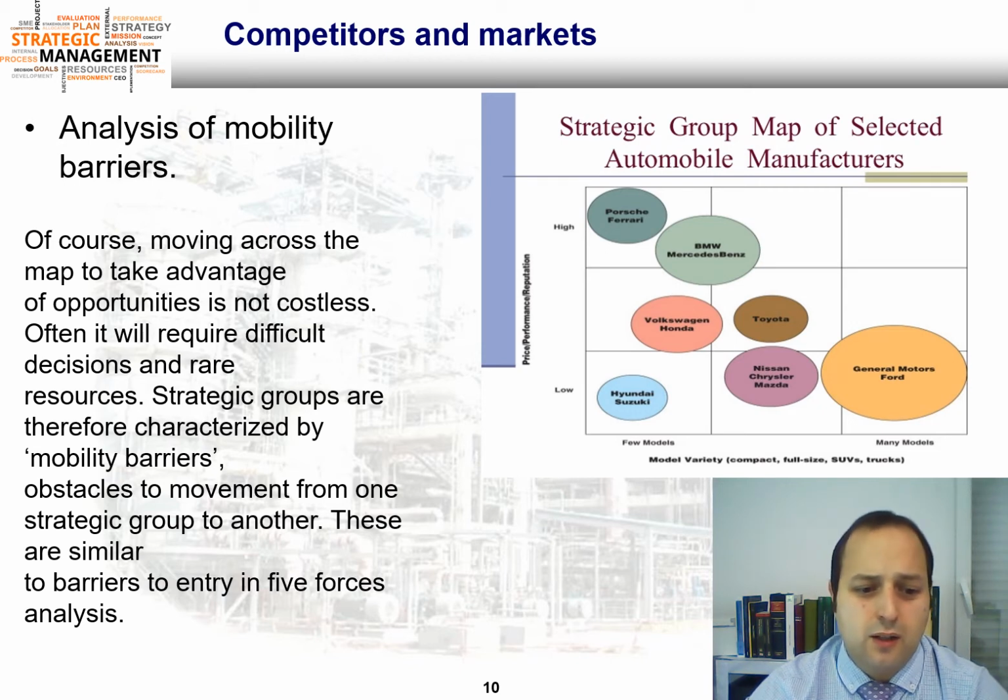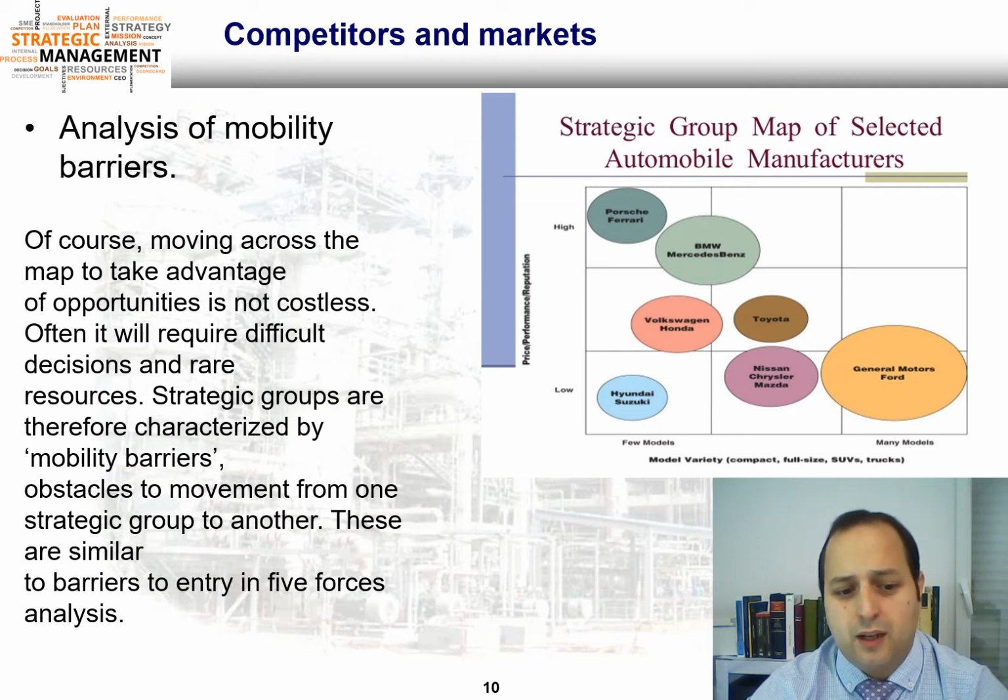Of course, Ford cannot move across the map to take advantage of the Porsche and Ferrari market just at its own will. It has a lot of cost to move across the map; it is not costless, okay? And it's going to require difficult decisions and a lot of money.